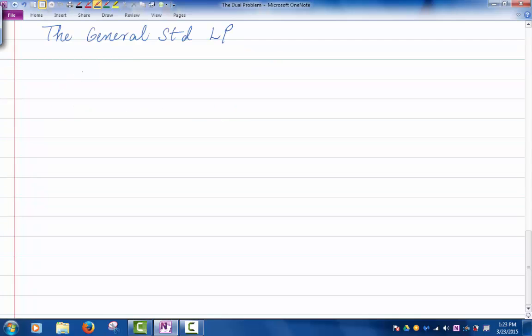Well, in the general standard LP, you are trying to maximize a certain function, the objective function z, which is c1 x1 plus dot dot dot cn xn, right? And subject to certain constraints, and the constraints look like what?